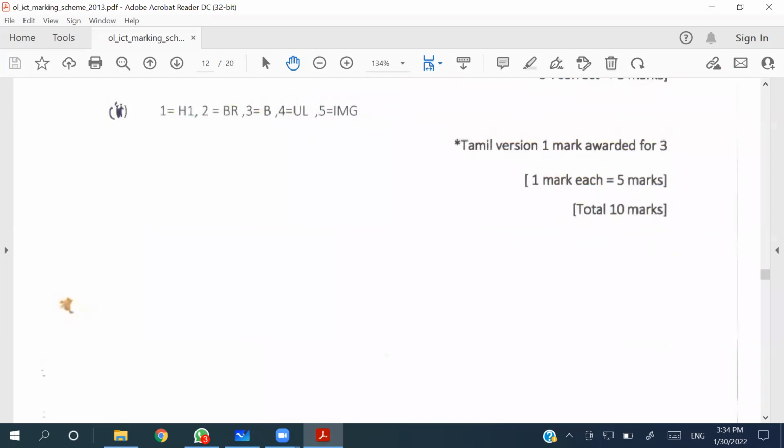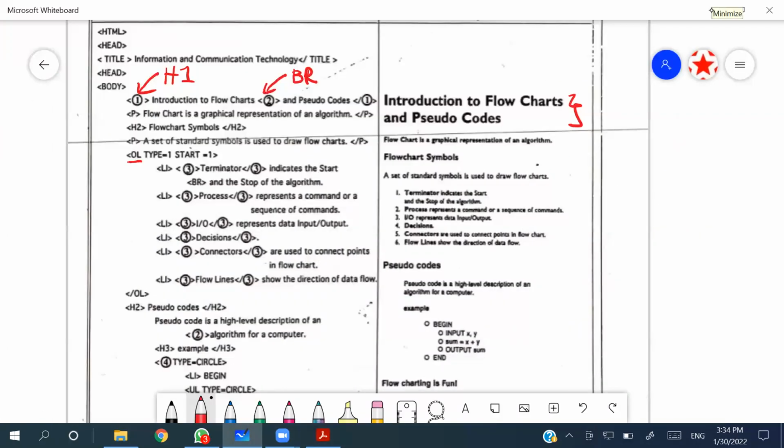Yeah, it's the B tag that they are using, but it's not very clear that the terminator words are bold in my copy, right? But what they are saying is that these parts, this process, IO, decisions, connectors, flow lines, those are taken as bolded ones. So 3 is going to be bold, B.